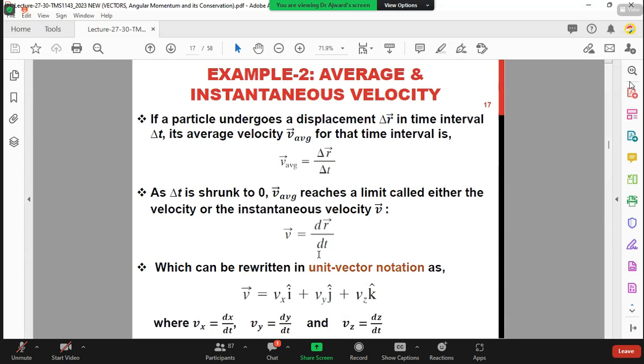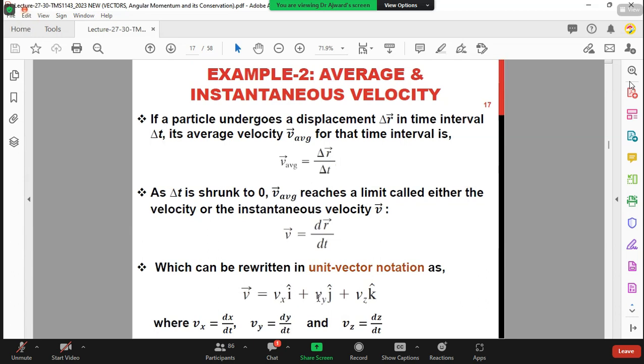And you take d over dt of the displacement, that is the position, then you get the velocity. Also, you can find the acceleration by taking the derivative of this velocity, right?